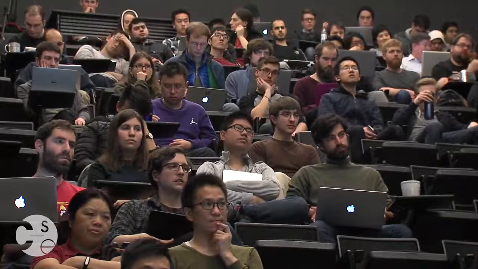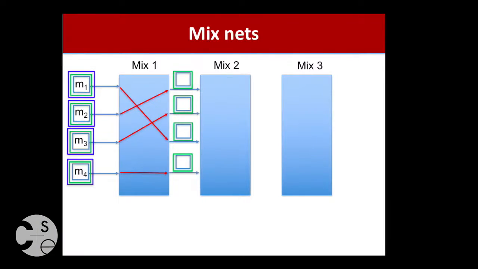And then all 4 users do the same thing. So everybody sends these onions to the first mix. What the first mix does is it strips out the first layer of encryption and permutes and outputs the result. Okay, so that's the first layer of mixing. And you can see that because we decrypted and permuted, it's not possible to relate the outputs to the inputs in a way that you can recover the permutation.